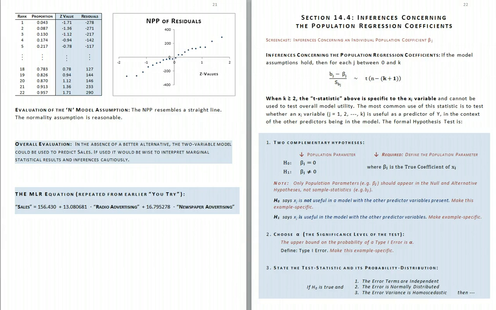The hypothesis test for beta j appears in this blue shaded area, which extends to the next page. In this hypothesis test, beta j will be thought of as the coefficient of the independent variable xj in the true multiple linear regression model.